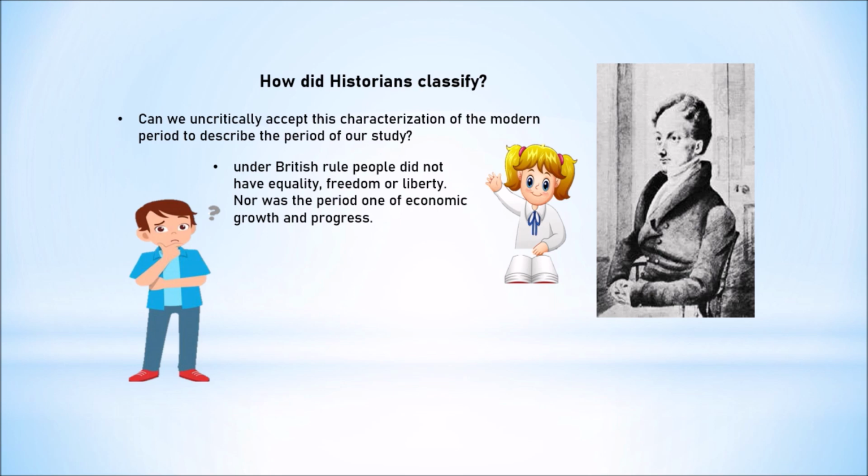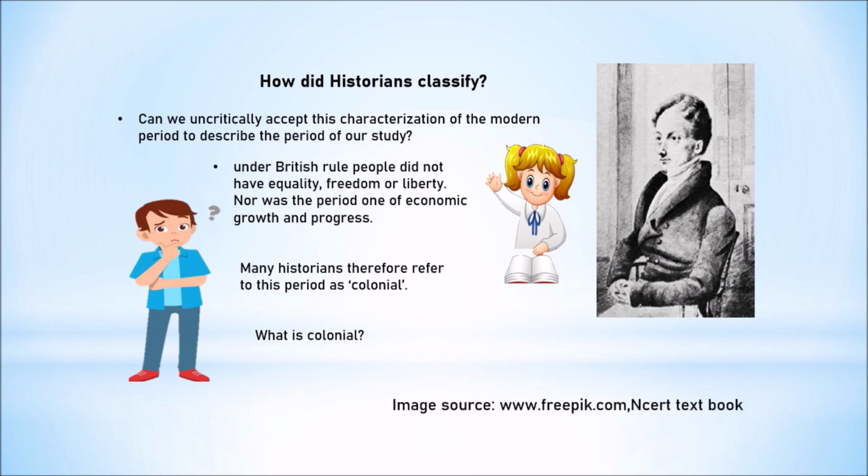Indians were not given any treatment that could be called equality, freedom or liberty, nor did the British governing bodies take any steps to encourage economic growth and progress. Many historians therefore refer to this period as colonial.